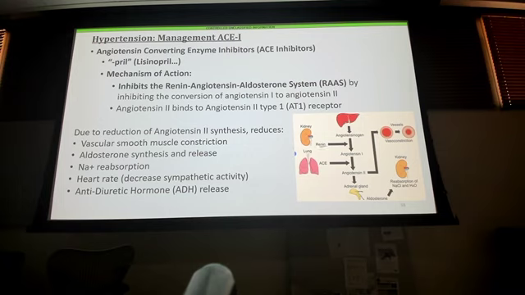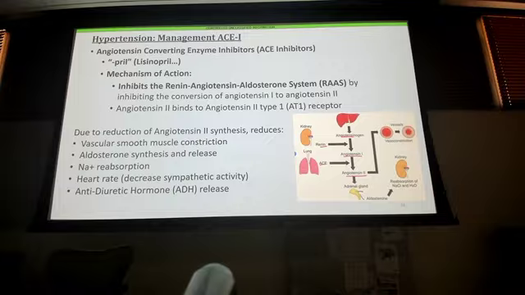That renin then circulates in your blood, interacts with angiotensinogen and converts it into angiotensin 1. So now you have all this angiotensin 1 circulating in your blood. The lungs then produce angiotensin-converting enzyme, ACE, which cleaves angiotensin 1 and makes it into angiotensin 2, which is now the active form of this chemical.